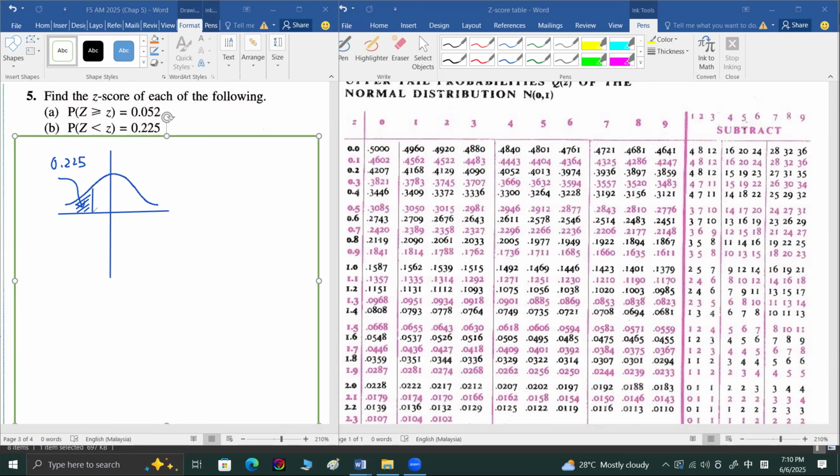Okay, and then I know that my Z is negative. So what I need to find is, okay, we find the Z first, huh? Okay, 0.22. You find for 0.22. I'll show you first, then later I'll let you try.